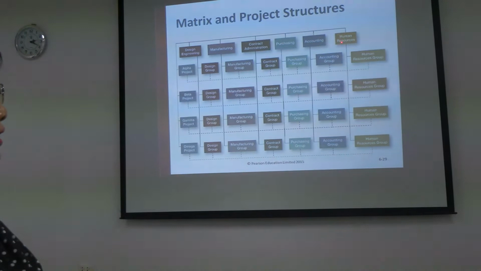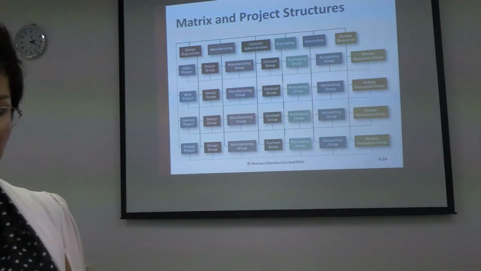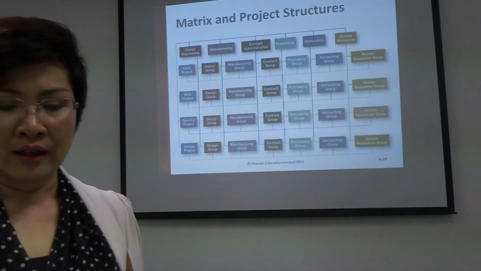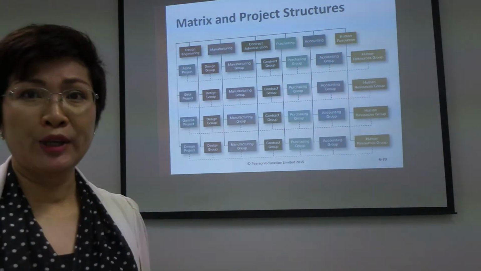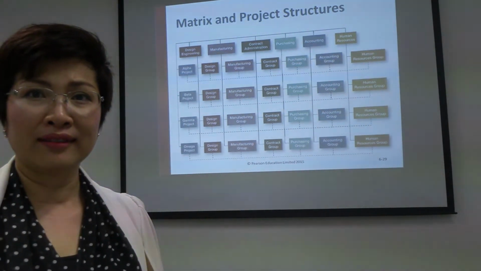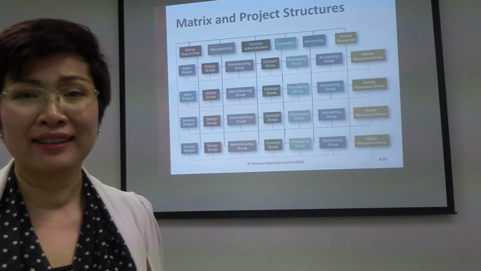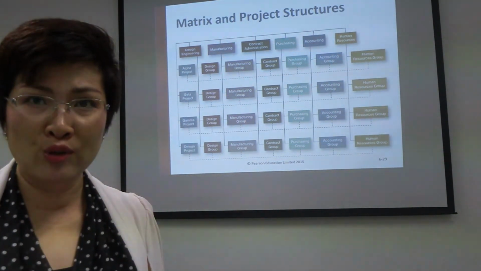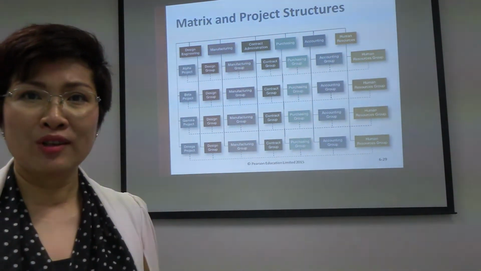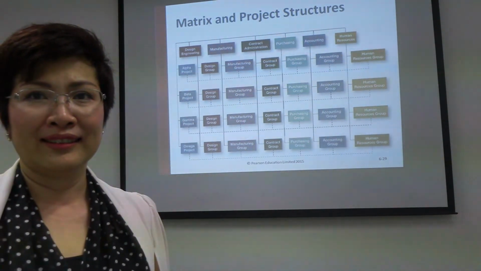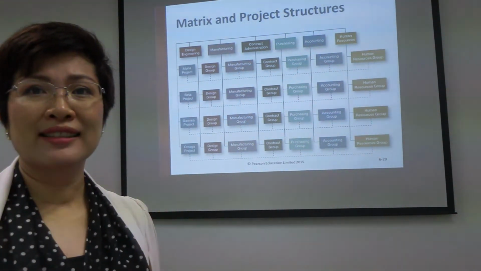The last one is human resources, which has a human resource group. And then people from this group, maybe one or two, at the same level, work together. People from the same level but different divisions or departments work together in a project. And this project has a deadline.